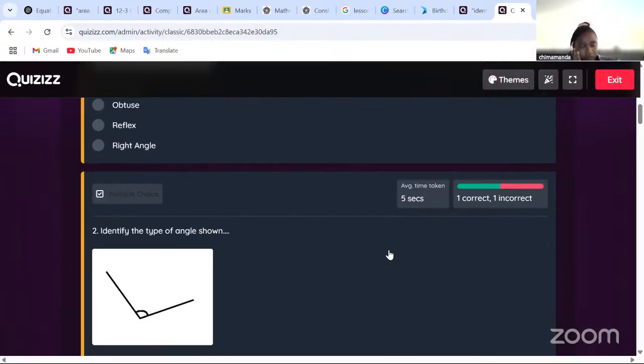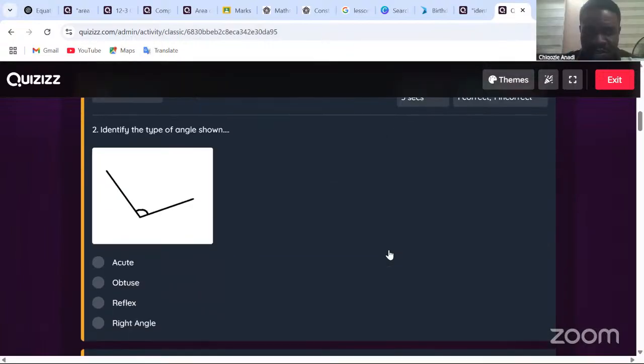Look at question 2. What type of angle is this, Chimamanda? Obtuse, right? Very correct.